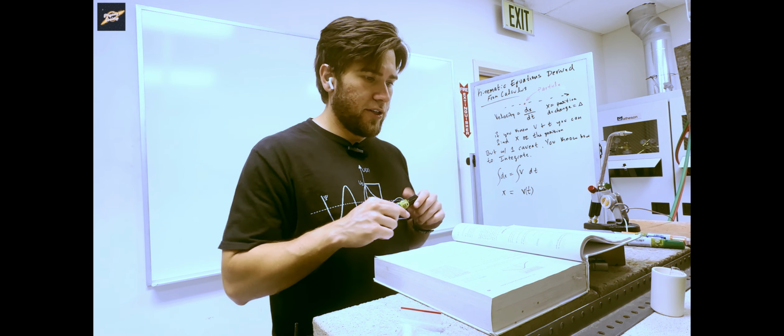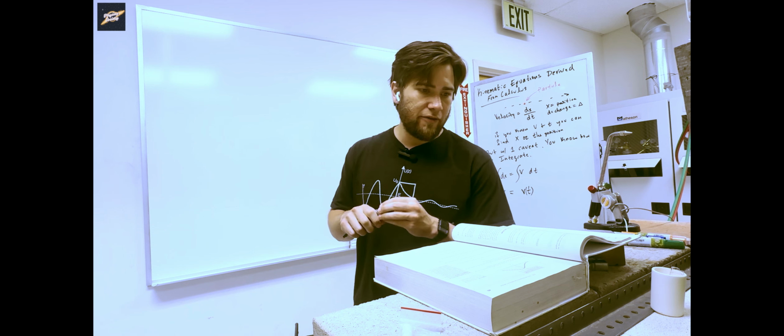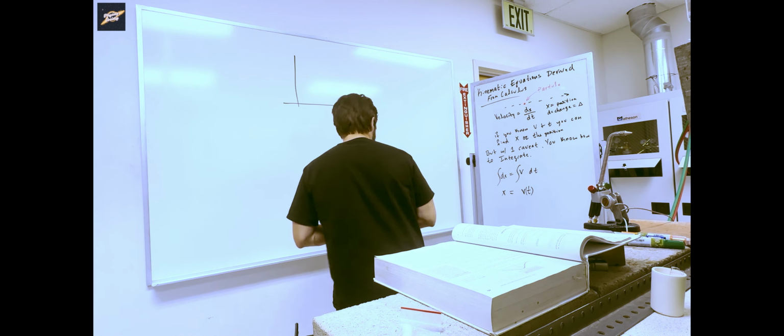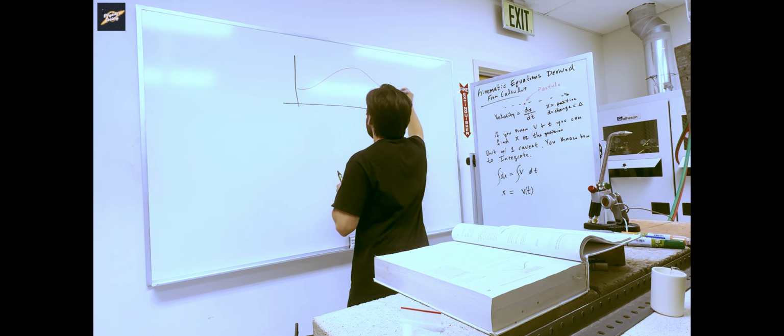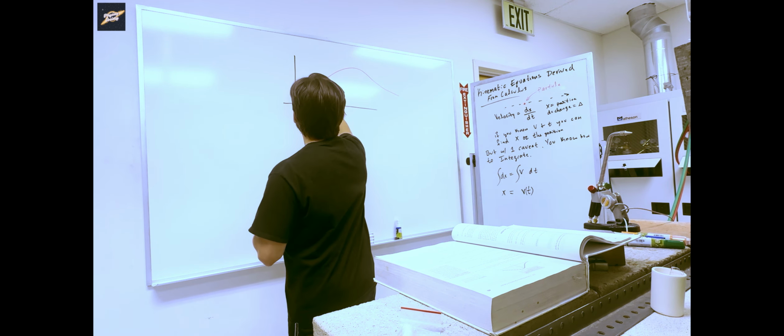Okay, so the kinematic equations. We are asked to look at this graph right here, right? And under this graph, we have a bunch of squares.